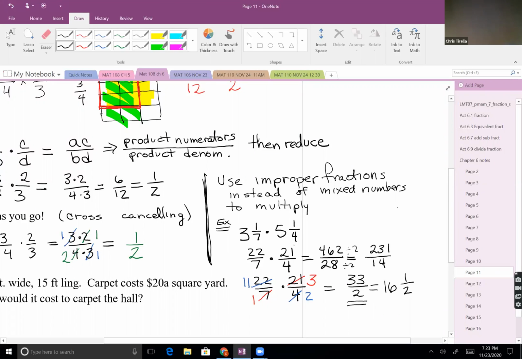And then we couldn't divide by 2 anymore, but we'd have to recognize that we could divide both of those by 7 to get that 33 over 2. So sometimes it's a little bit more cumbersome if you wait until after you multiply to reduce.